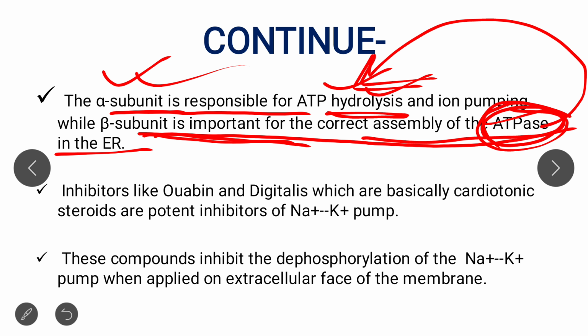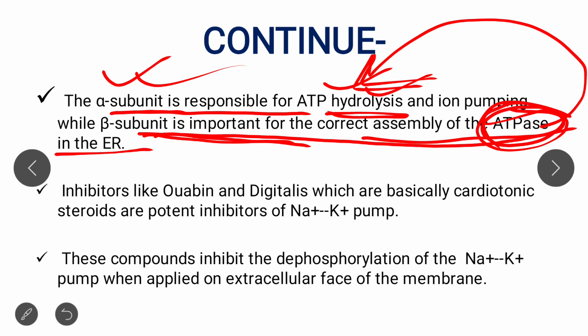By this, hydrolysis of ATP takes place, and 3 sodium move outward and 2 potassium move inward. Clear? This is the basic mechanism that plays a very important role in primary active transport.